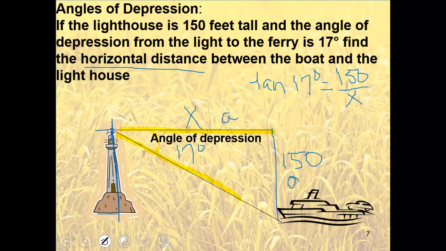So I'm going to multiply both sides by x, and that gives me x times the tangent of 17 equals 150, and then I'm going to divide both sides by the tangent of 17.